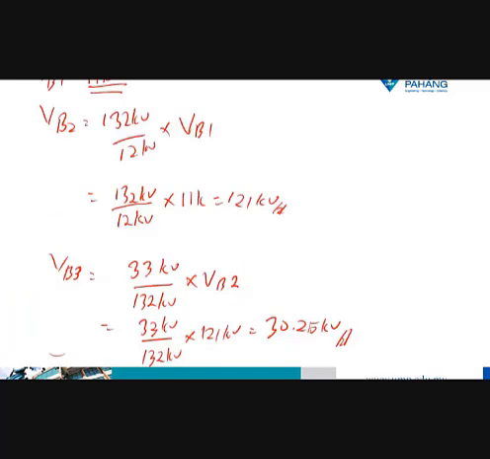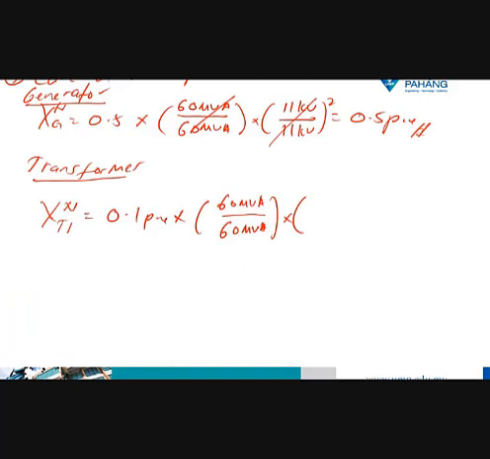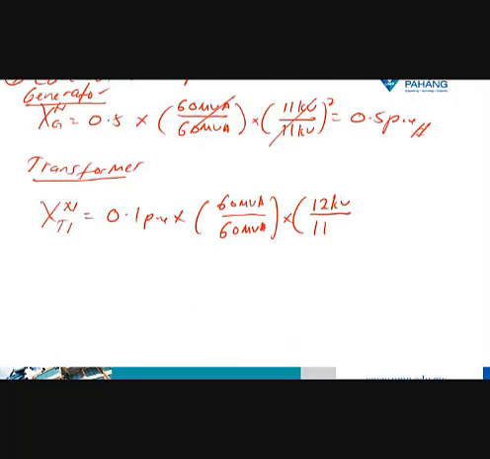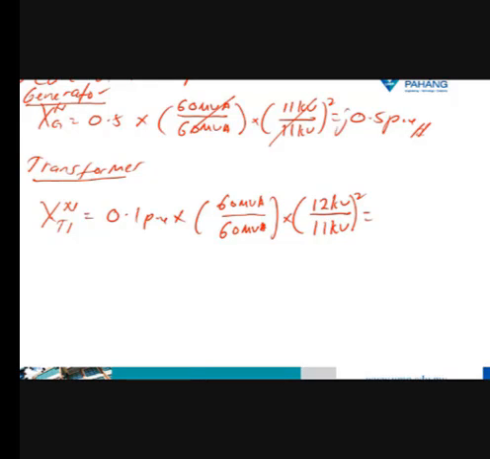Going back, we just take the primary side, 12 kV, over V base new, which we calculated just now, V base 1 new, 11 kV, squared.